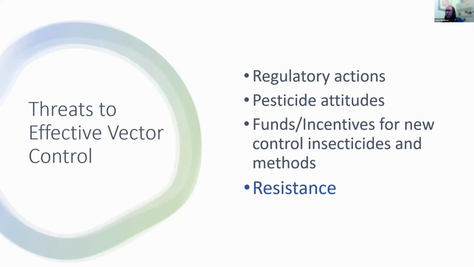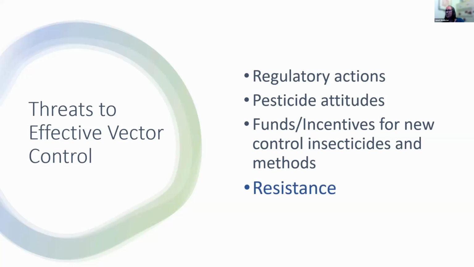So they may say in a local community, we want you to control our mosquitoes, but you can't use X, Y, and Z. And the local health department or mosquito control program then has to find a way to accomplish that and still interact with and engage with their local communities, and also getting their local communities to buy into their role in vector control and what they can do personally outside of what a government entity might do to help them protect themselves.